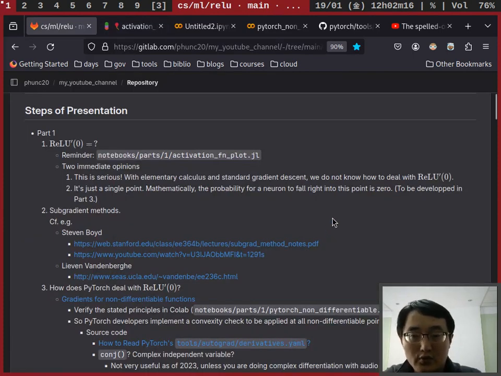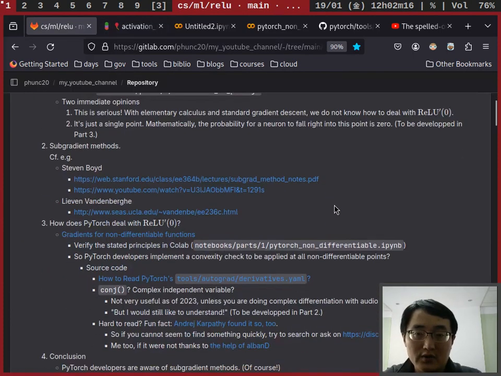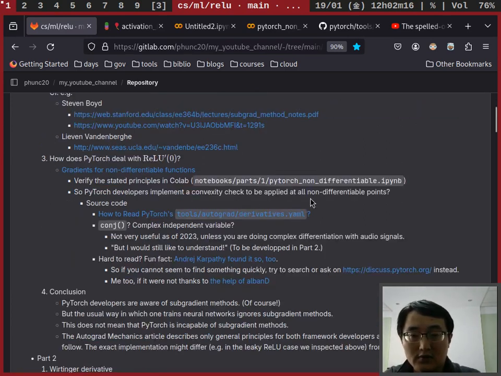We won't go into the detail. We will just stop here in our introduction to subgradient methods. For those of you who haven't heard of subgradient methods and would like to dig in deeper, I've joined a few links here so that you can check them out.